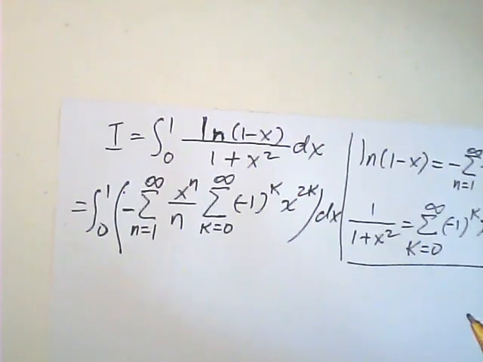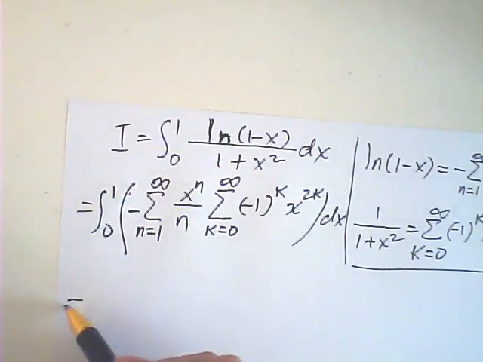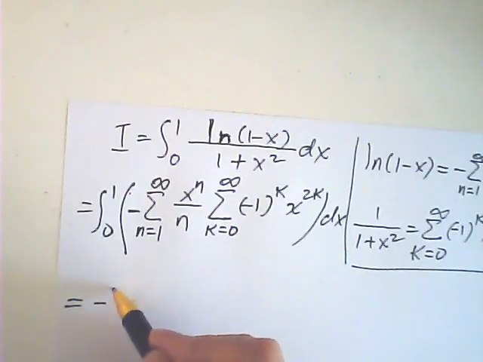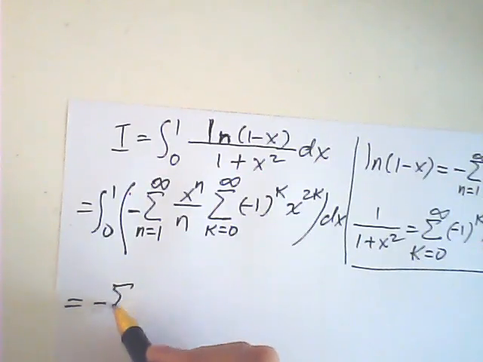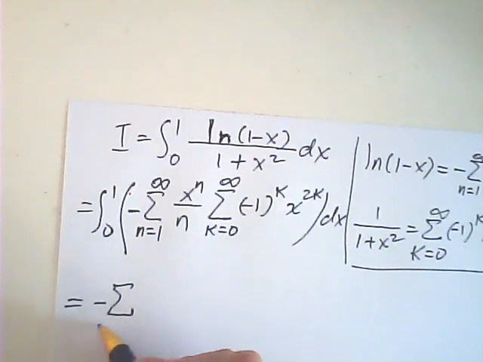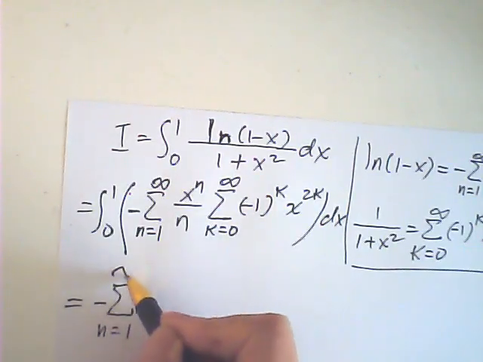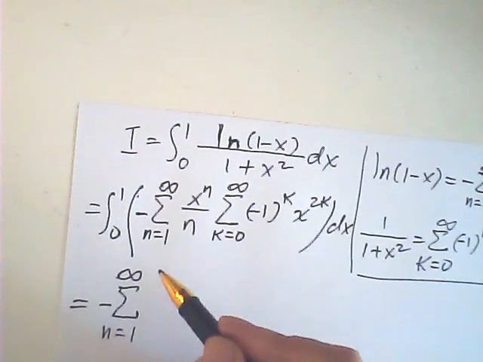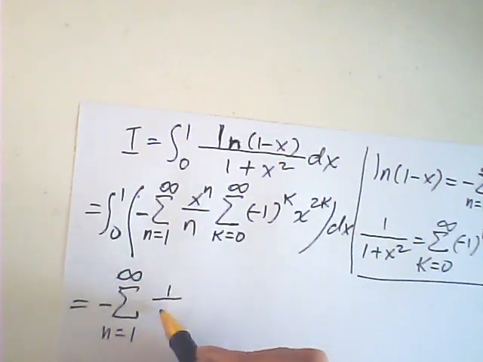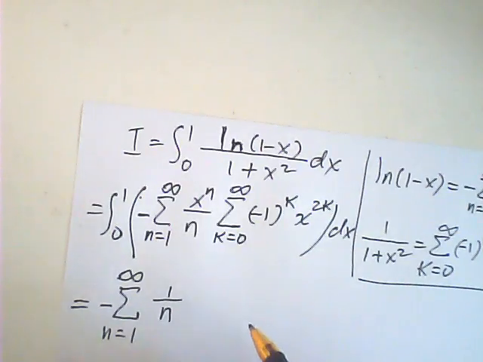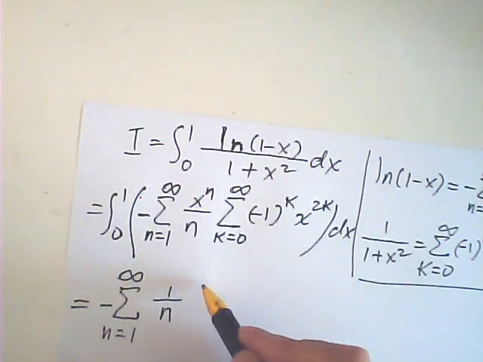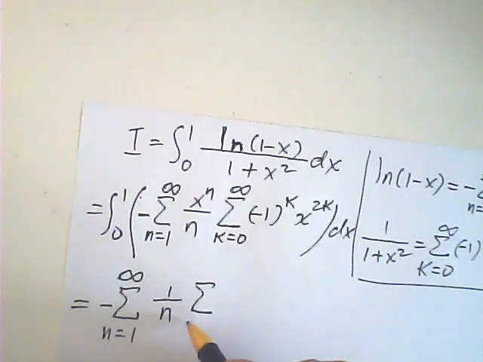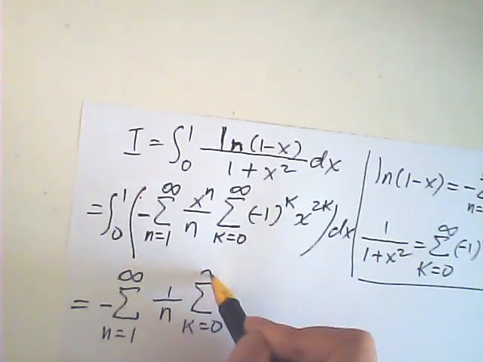Now then, I take the negative outside, sigma n equal to 1 to infinity, 1 over n, and sigma k equal to 0.